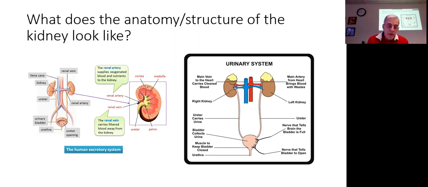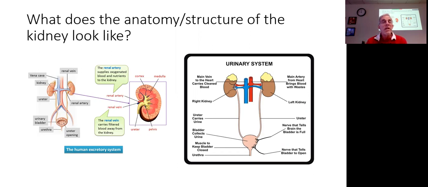So blood processes through there at incredible rates and, I want to say, volumes throughout the day. The renal artery supplies oxygen, nutrients, and needed blood to keep the kidneys going. And the renal vein carries away filtered blood that needs to be recovered and used by our body system, and away from the kidney.